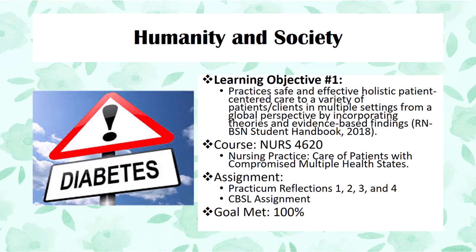And we discussed Callista Roy's adaptation theory and had a teaching and learning session. As far as the CBSL assignment, I interviewed someone I know with diabetes and reflected on a patient I had cared for. For this project, I discussed the disease process and 3 resources in my community that the patient may benefit from. I felt this goal was met at 100%.